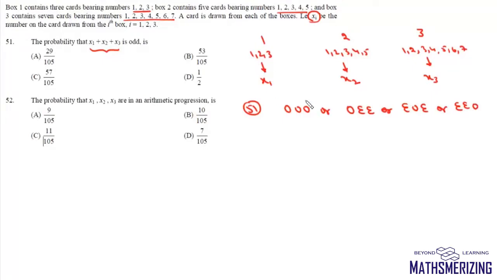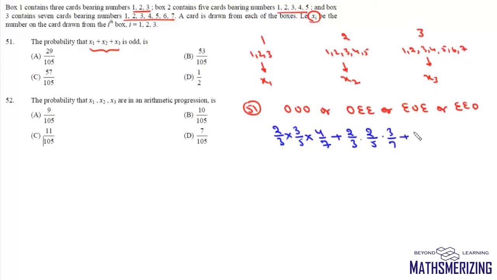Now getting an odd from the first box is 2 by 3. Odd from second is 3 by 5. And odd from third is 4 by 7. Now plus odd from first 2 by 3, even from second 2 by 5, even from third 3 by 7.